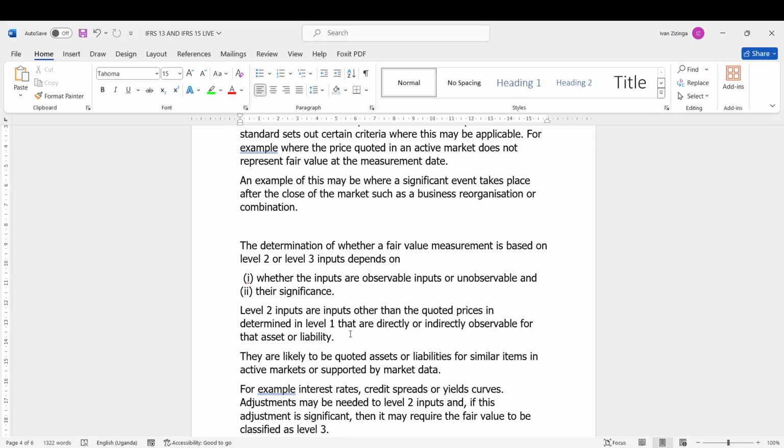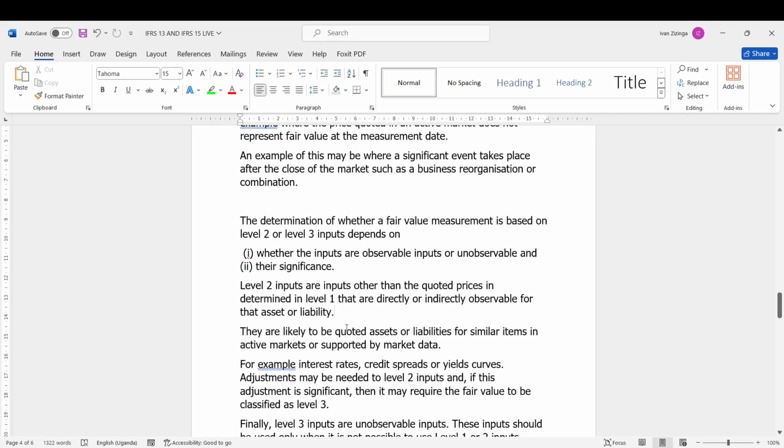And the reason is you have to make some adjustments on the price of the similar asset for you to be able to reach the value of your asset. So, they are likely to be quoted assets or liabilities for similar, this is very important, for similar items in active markets. Ivan, is that clear?